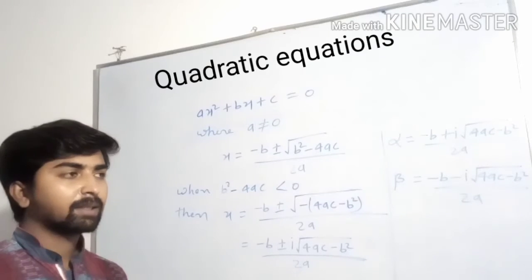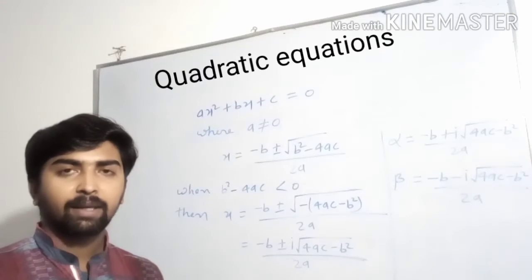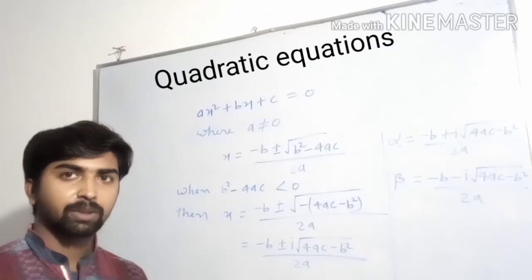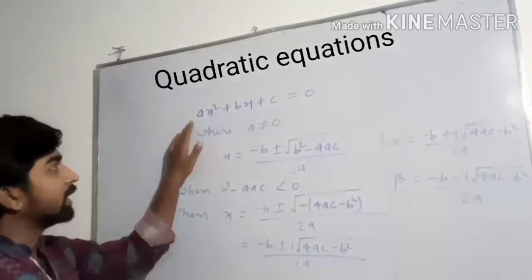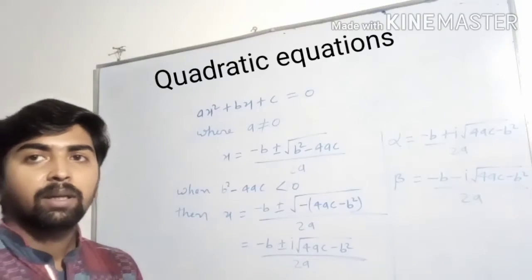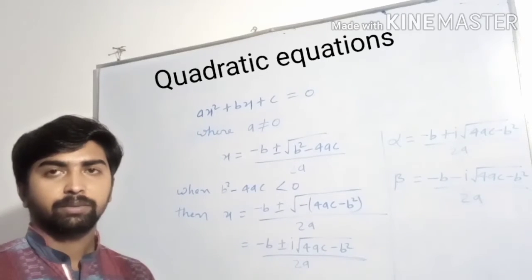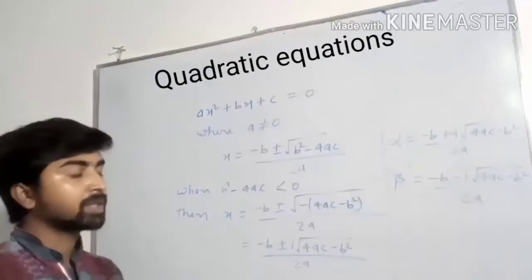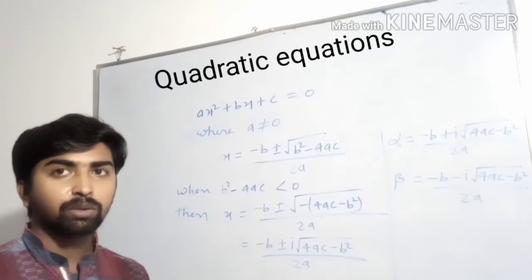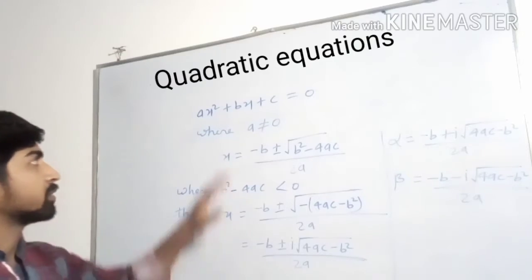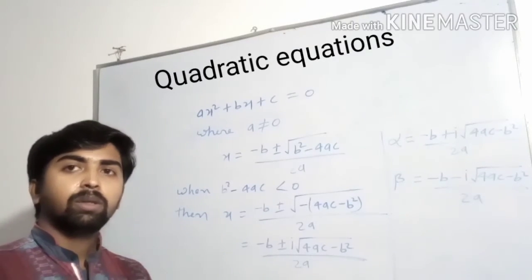It means that a polynomial equation of degree n has n roots. It implies that a quadratic equation has exactly two roots, because a quadratic equation is a polynomial equation of degree 2. So a quadratic equation has exactly two roots.